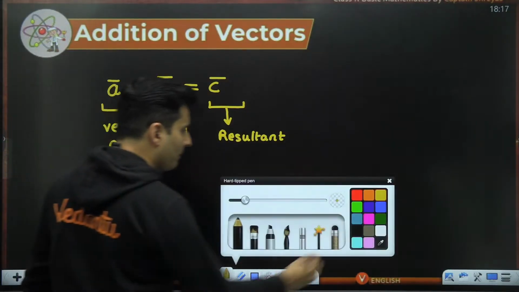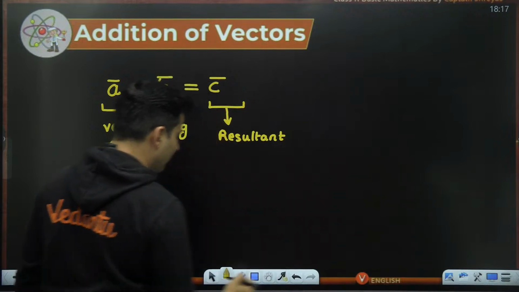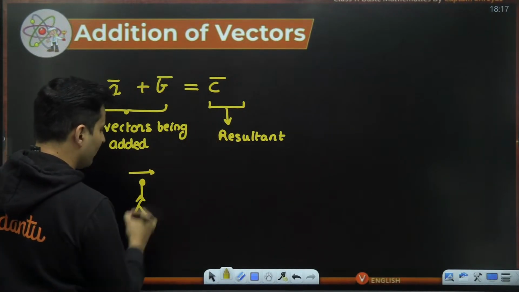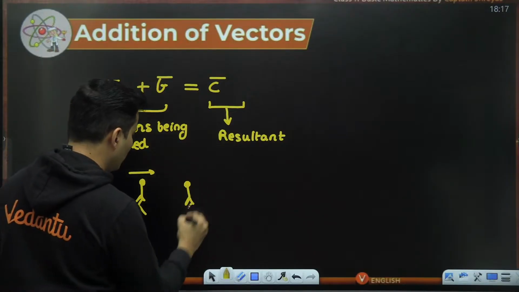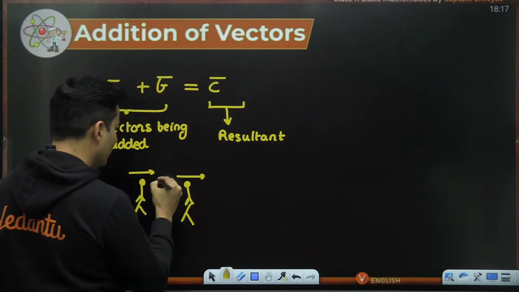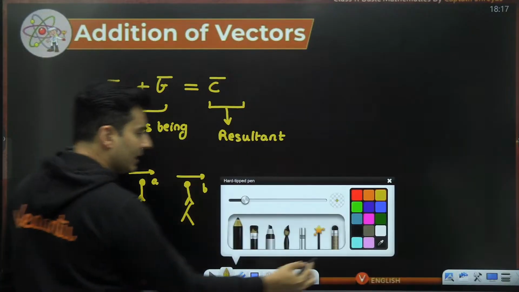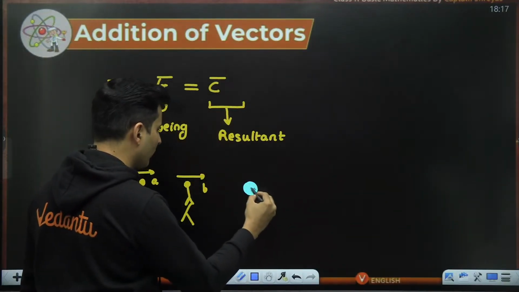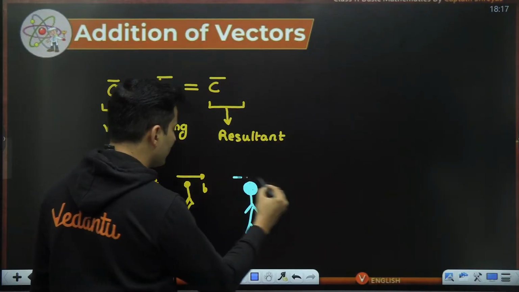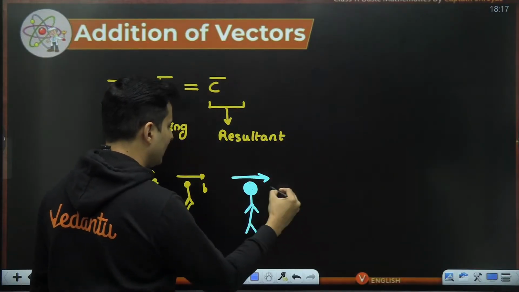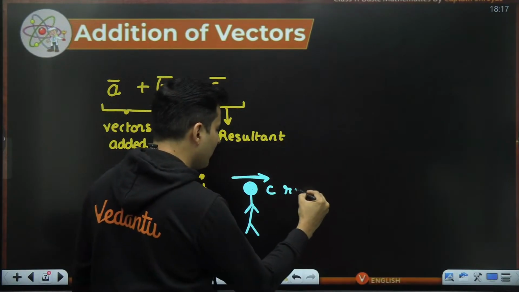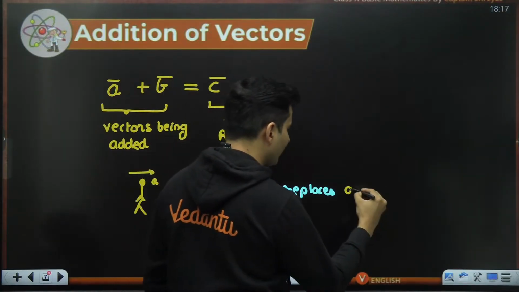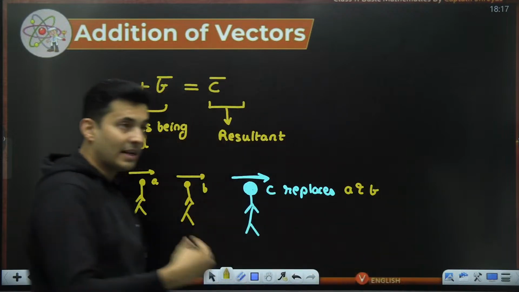So maybe say for example, you had one Pandu who was applying a force of A Newton and another Pandu who was applying a force of B Newton. I can get rid of both of them and I can have one singular Pandu, a single person who is doing the job of both of them, and that is C. So C replaces both A and B. It is a kind of a replacement.